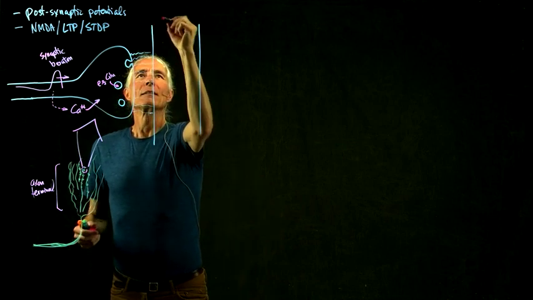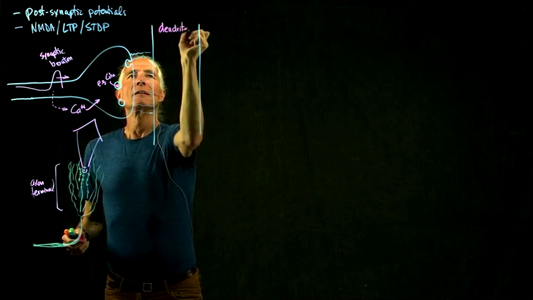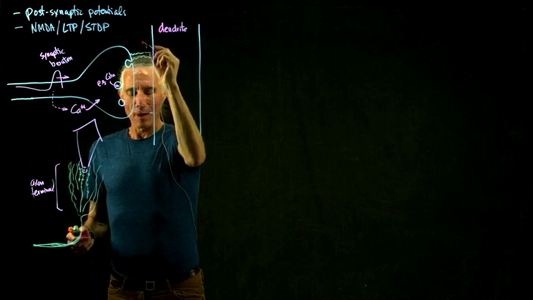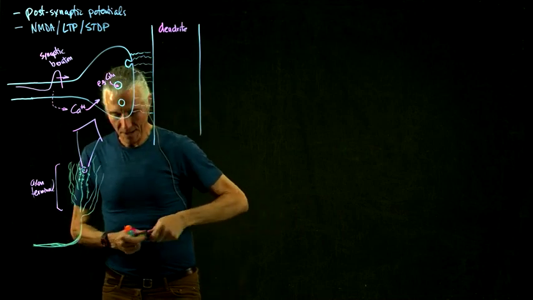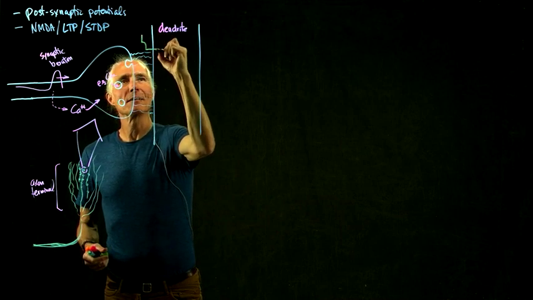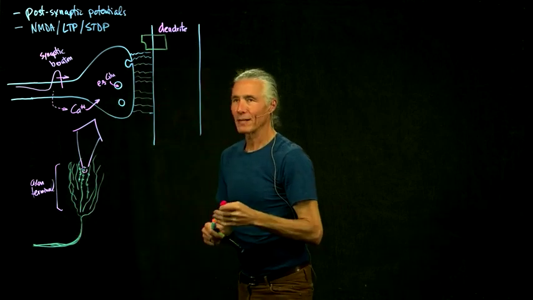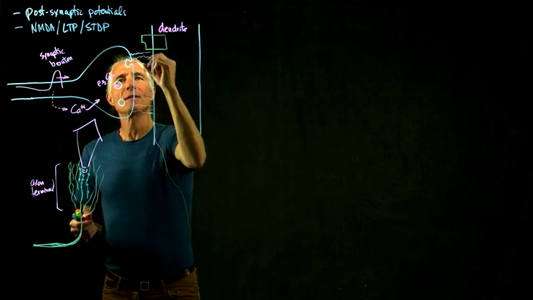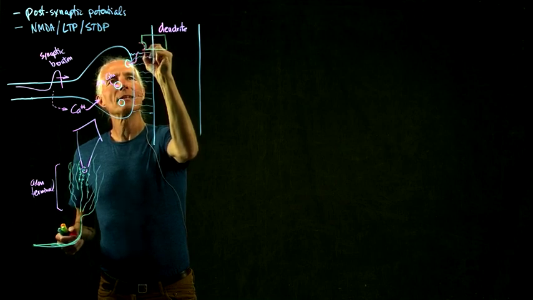That binds to the channel. So here's our channel, and that's the little binding site for the glutamate. The glutamate will leak out of here and then stick into that little site. So that's a little glue.